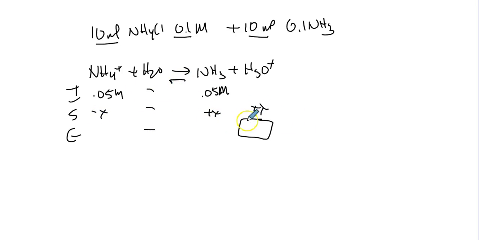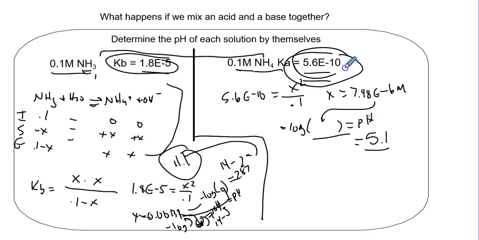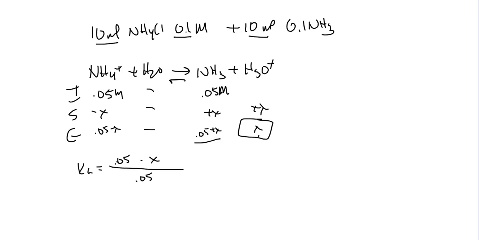I can just put the numbers in like this: 0.05 minus X, 0.05 plus X, and X. My Ka equals, in this case I'm going to use my shortcut rule, 0.05 times X over 0.05. My Ka for this reaction was 5.6 e to the negative 10th. So 5.6 e to the negative 10th equals X, since the 0.05s cancel and nothing is left.